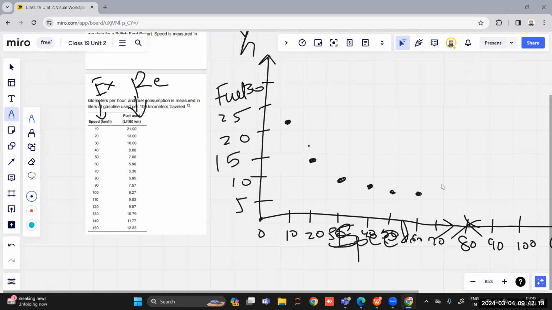Then 6.30 for 70. Then 6.95 for 80. Then for 90, it is giving 7. It is increasing a bit. So what I'll do, I'll plot exact dots according to it.